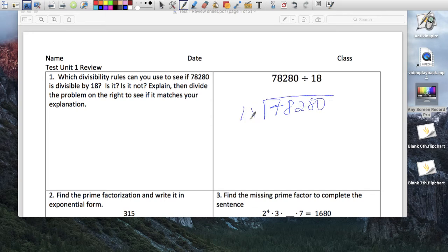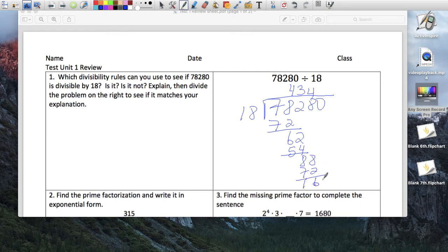Divided by 18, it's 4. 4 times 8 is 32, carry the 3, 28, 31. Bring the 2 down. 3 goes in, which is 54. 12, and this is going to be 4, 72.